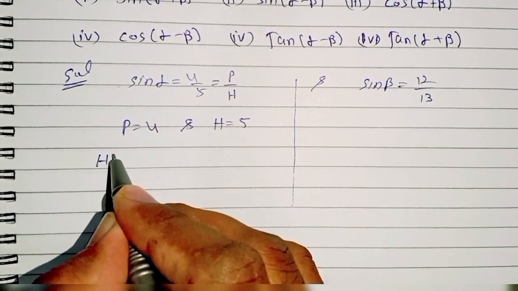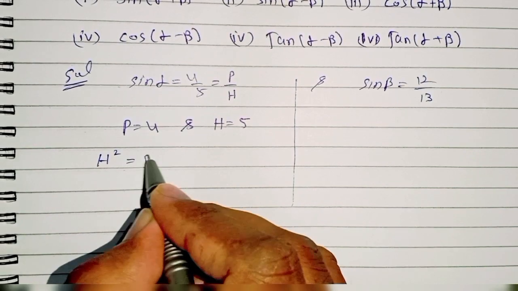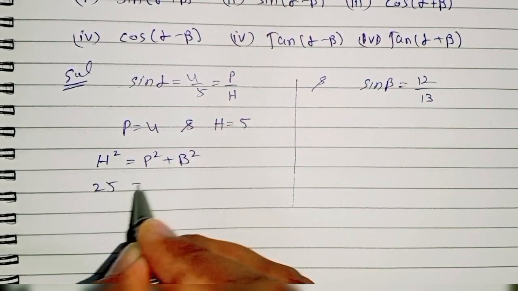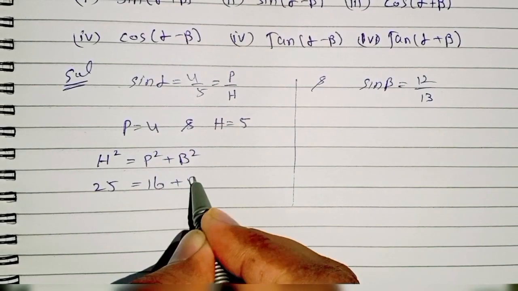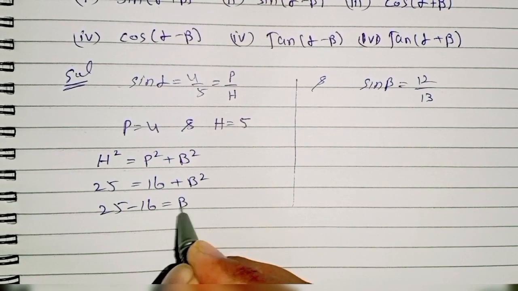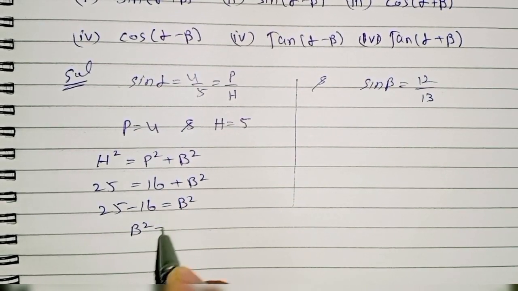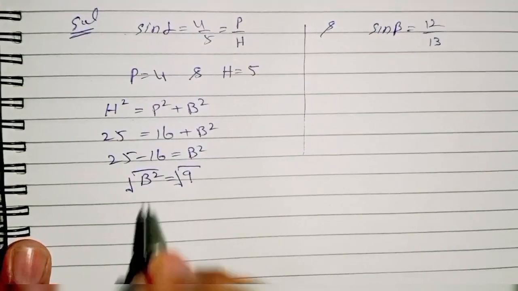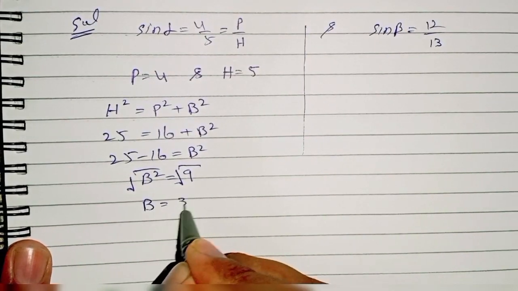By Pythagoras theorem, H square is equal to P square plus B square. 25 is equal to 16 plus B square. 25 minus 16 is equal to B square. So B square is equal to 9. Taking square root on both sides, B is equal to 3.